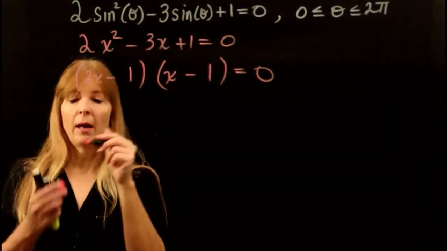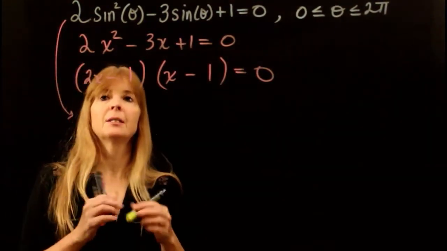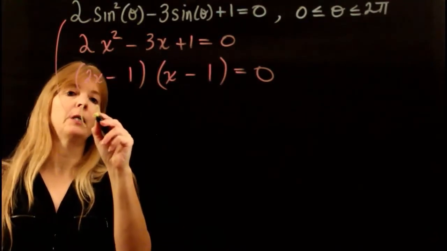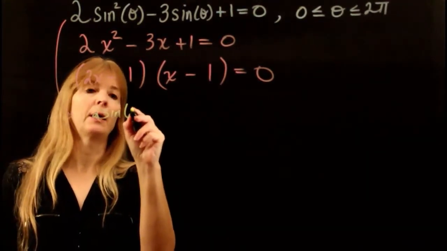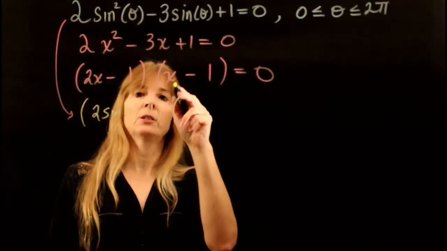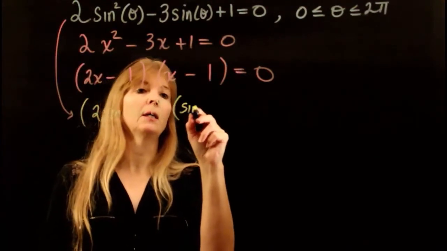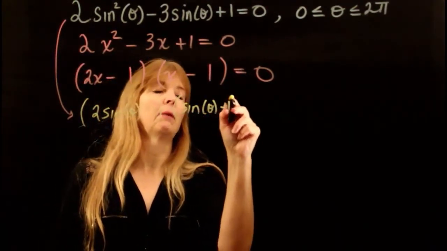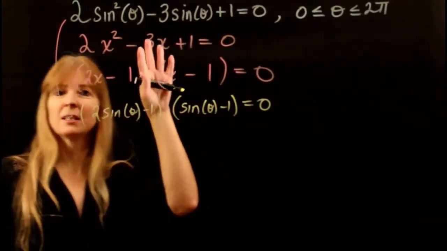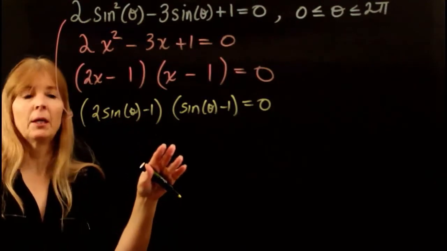And so all I've done here is I've said, well, instead of x's, this is actually 2 sine theta minus 1. And then this piece, my x is sine theta minus 1 equals 0. Just some students like to see this better with the variables, but it's the same thing, right?